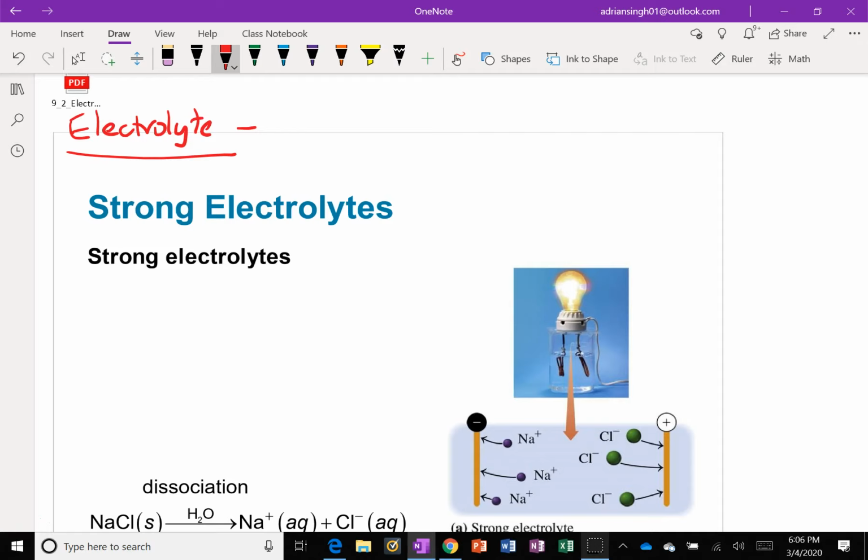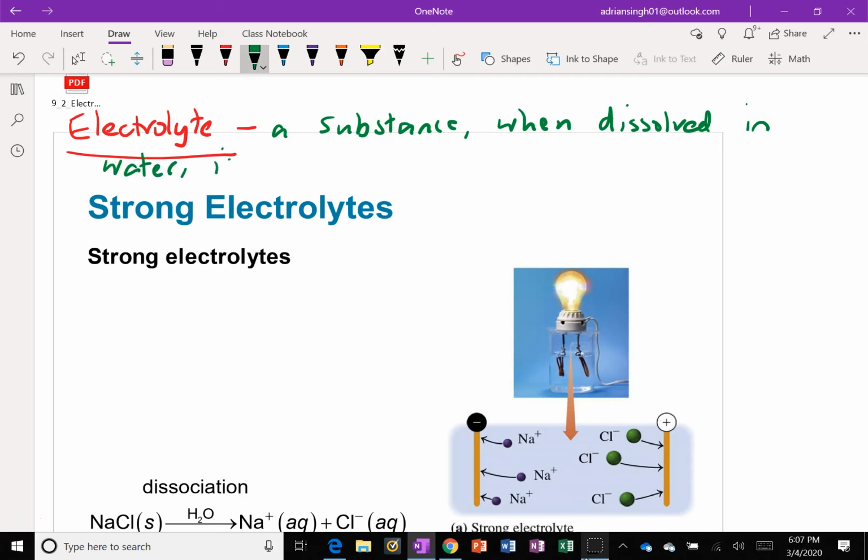So an electrolyte we can define as a substance that, when dissolved in water, we're going to choose water as our solvent, is able to conduct an electric current. That's where the term electro and lyte actually stem from.